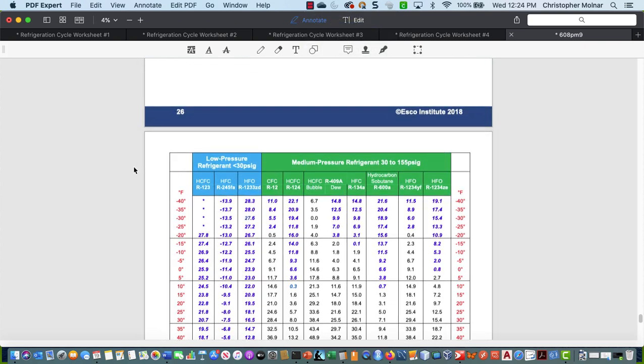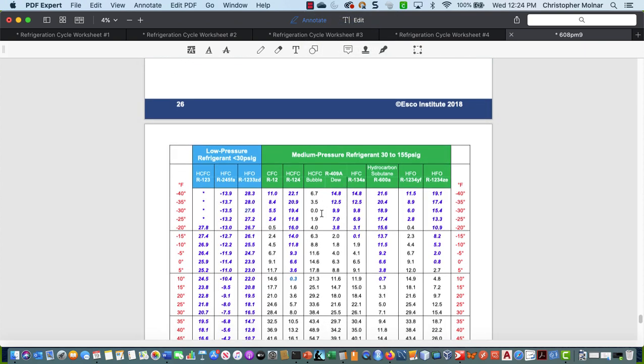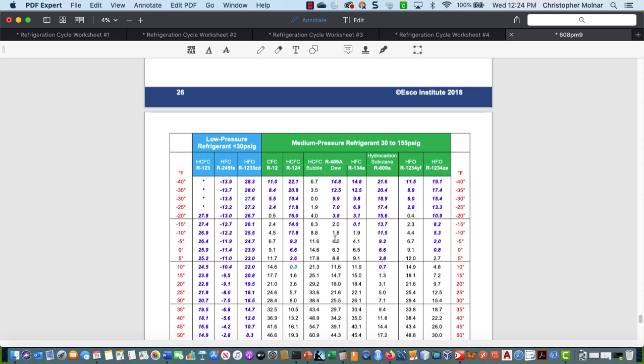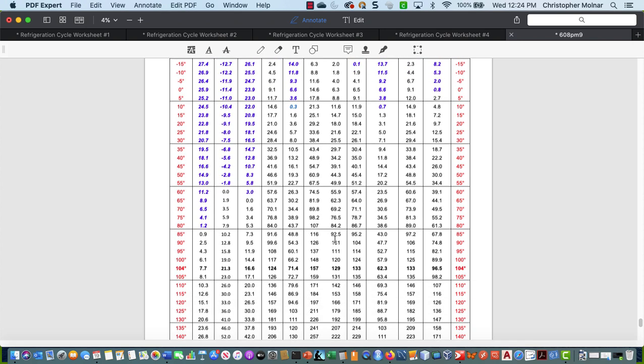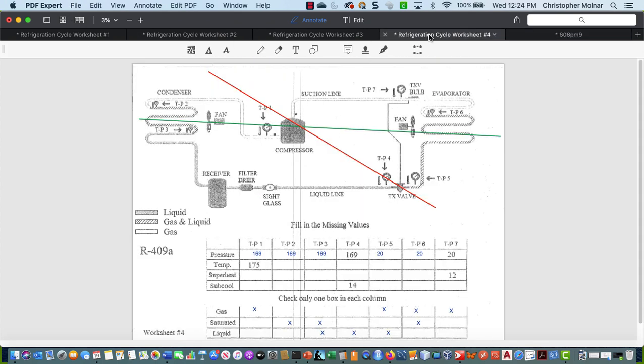When we're talking bubble and dew point, the bubble point is my liquid side, so my high pressure side. Dew point is my low pressure side. So in this case, I want to find my 169 PSI, so we are going to look on the dew point side.